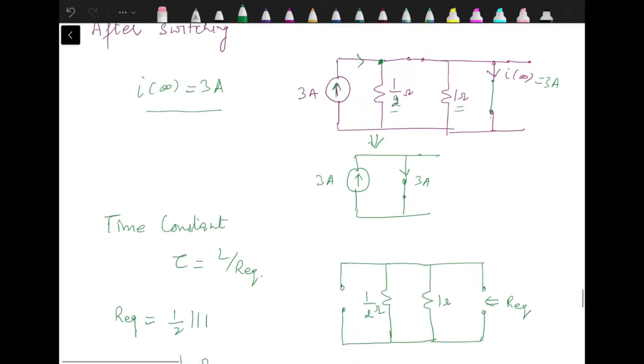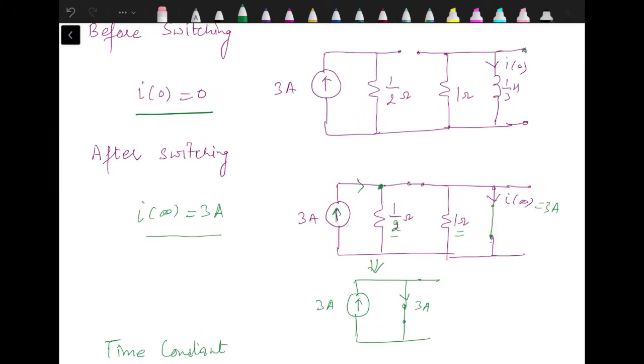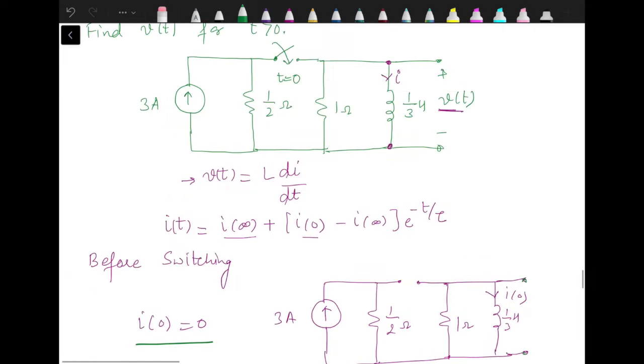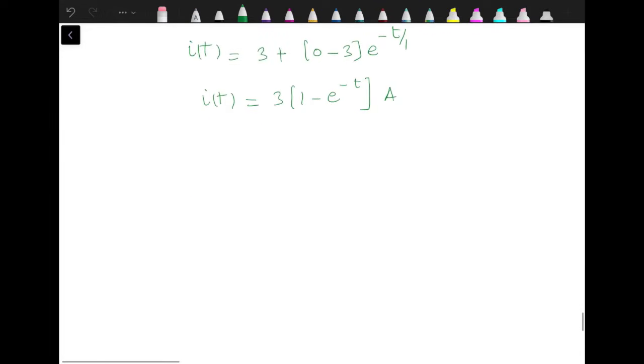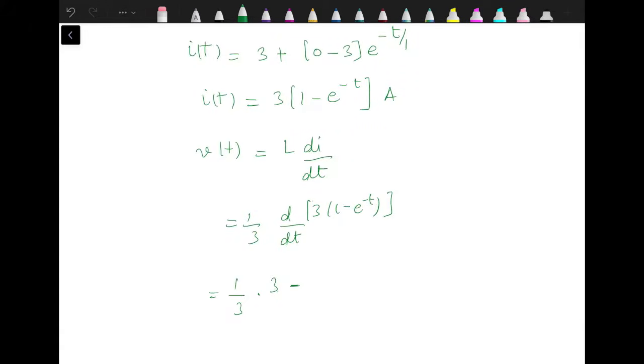The question was that we need to find out the voltage across the inductor terminals, voltage Vt, which we can calculate by differentiating this current with respect to time and multiplying it with L. So L is 1 by 3 d by dt of 3 into 1 minus e raised to power minus t. 1 by 3 into 3 into minus e raised to power minus t into minus 1.